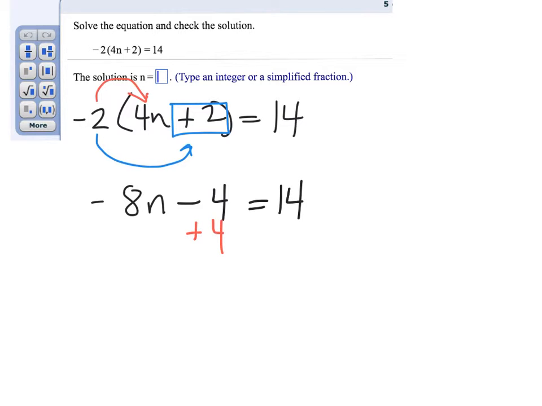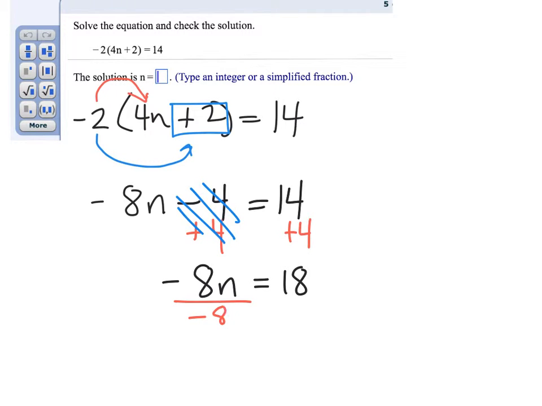Now I'm going to add 4 to both sides. And so then minus 4 plus 4 kind of undo each other. So you end up with negative 8n is equal to 18. Now we divide both sides by negative 8. And negative 8 divided by negative 8 is 1. So you end up with n is equal to 18 eighths.